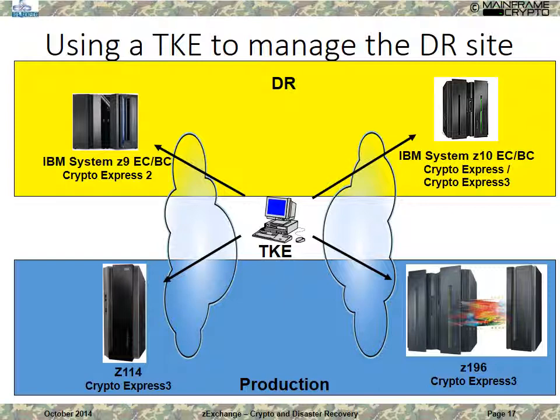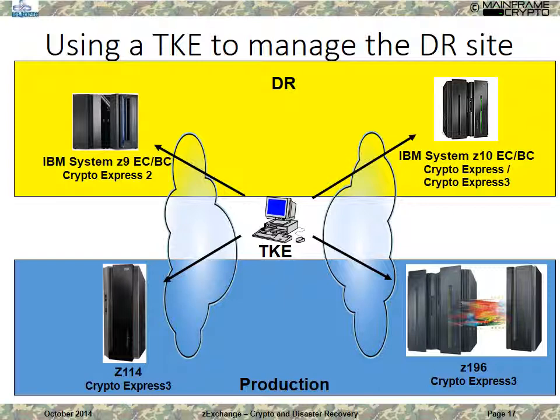Now, the next issue is where do you locate your TKE? The TKE is going to talk to those CACs just using an IP connection, so your TKE can physically be located anywhere you want. For example, you could have your production CAC in Miami, and your DR provider might be in Minneapolis, so they're well spread, and it's unlikely a single disaster will take out both of them.